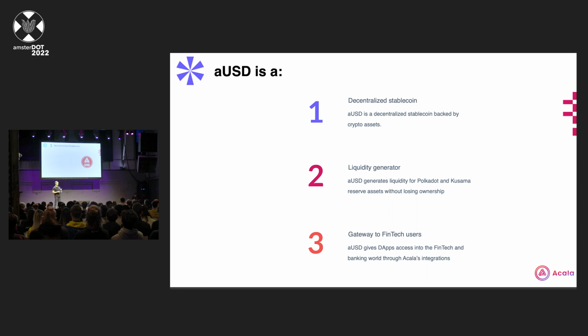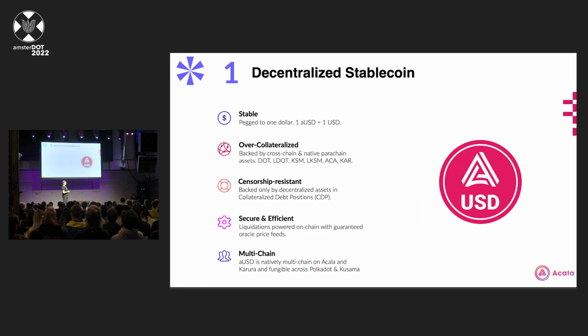So starting with number one, the fact that it's a decentralized stablecoin. These are the high-level features of aUSD. Number one, stable. That's fundamental to this. Over-collateralized, similar to other over-collateralized stablecoins you may have seen in the Ethereum world or elsewhere. But later on, I'll explain what we've done with Substrate to innovate on that over-collateralized design.